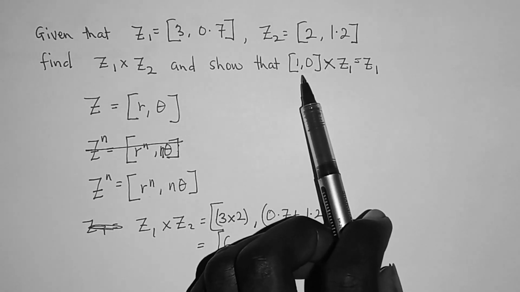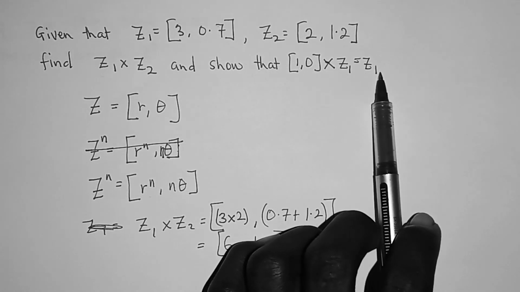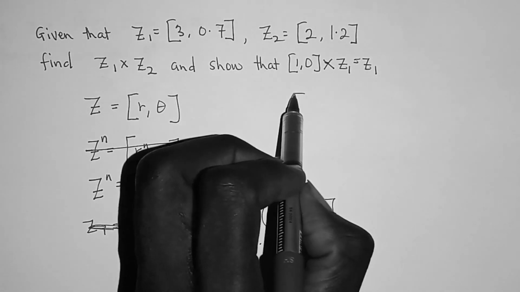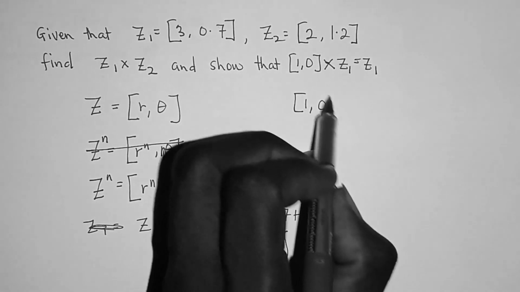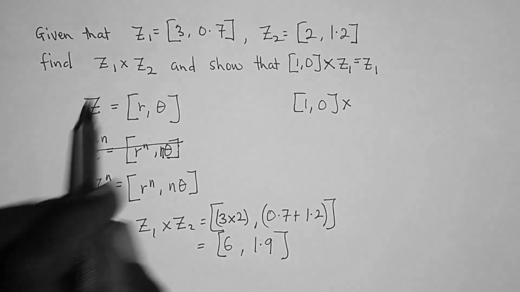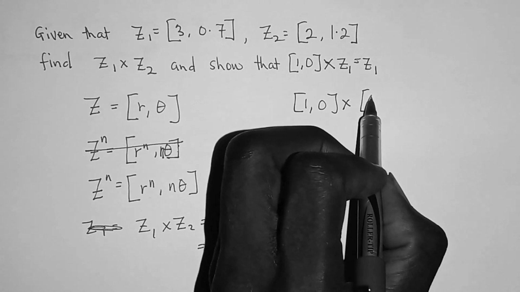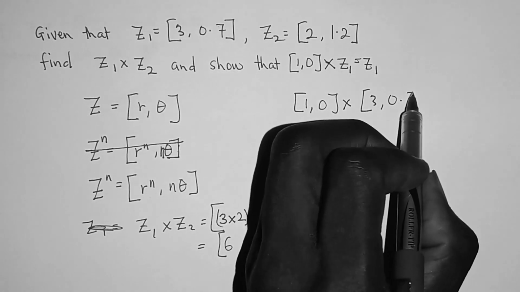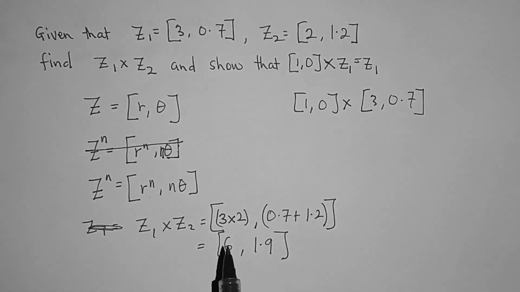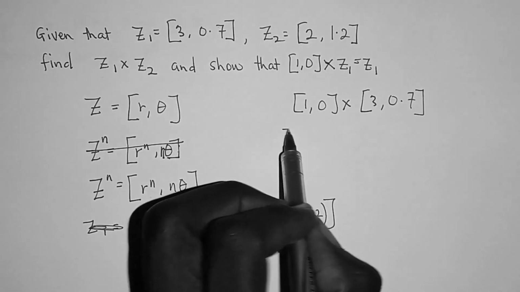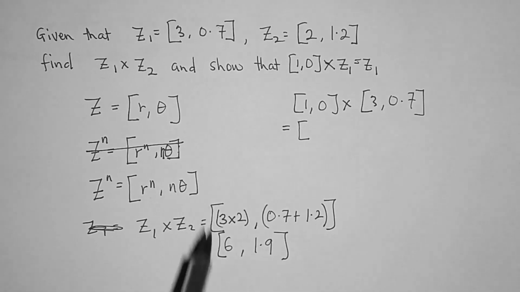And it says that we should show that 1, 0 times z1 is equal to z1. So let's write 1, 0 then times z1. What is z1? z1 is 3, 0.7. So now this is equal to what we said earlier on.